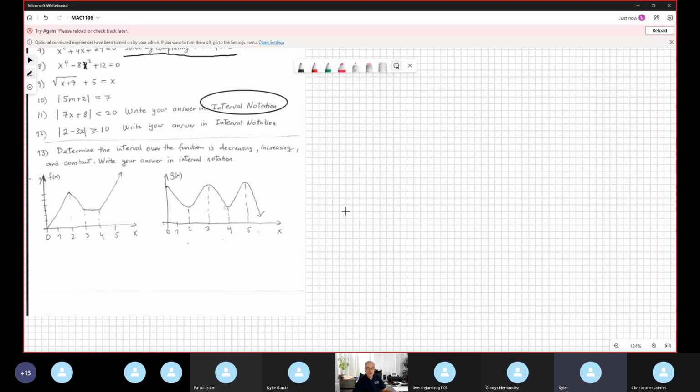Cool. What does increasing mean? Increasing is when the function is going up. Suppose this is going up, not necessarily linear, not necessarily linear. It's going up like a curve.